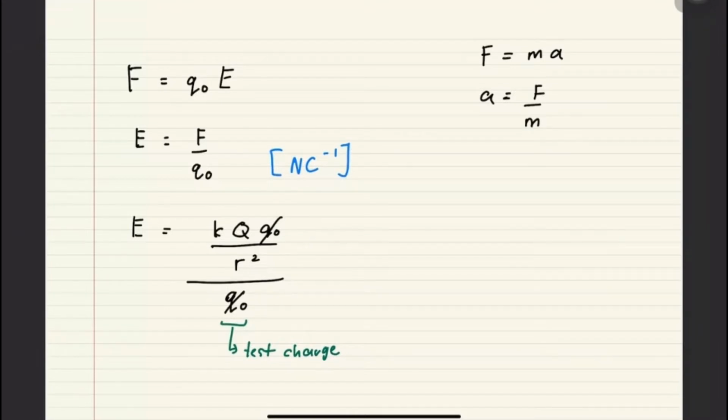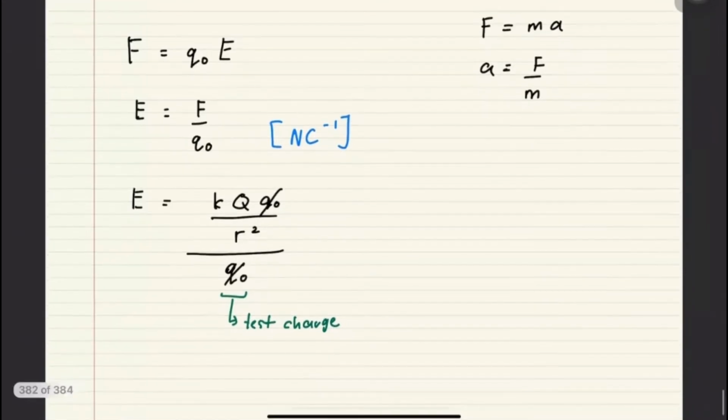You left with E sama dengan kQ over r square. Okay, if I want to find E1, that means I have to use Q1. Itu maksud dia lah.